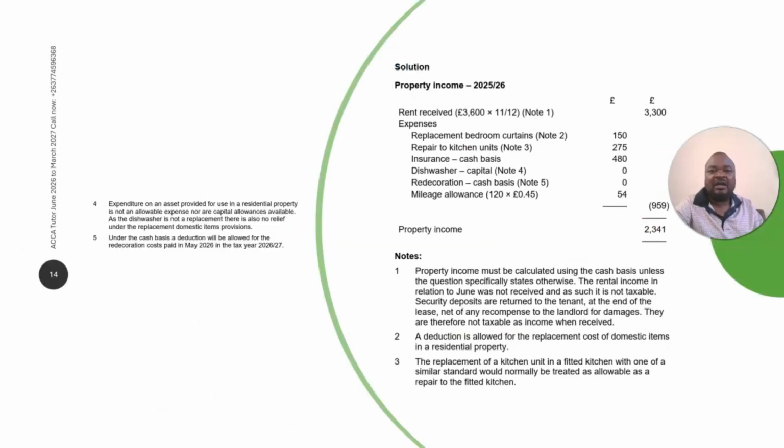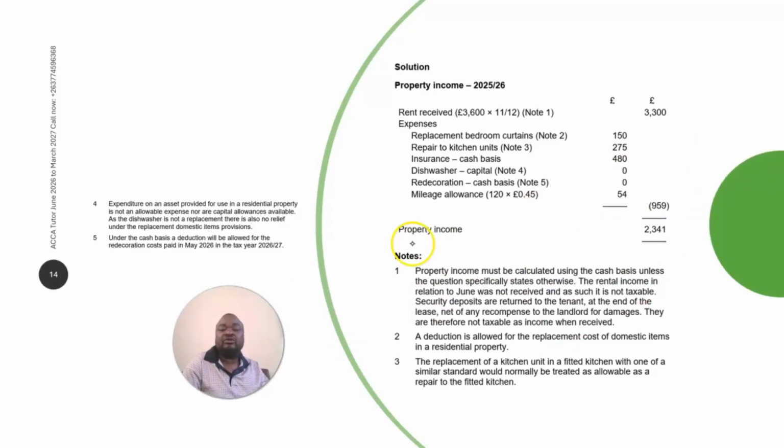So, ladies and gentlemen, this is the simple presentation I would expect you to come up with. So the property income for 2025/2026, we are going to have the rental received of 3,600, which was the annual rental expected, multiplied by the adjusting fraction, the prorating fraction, because only 11 months was received.